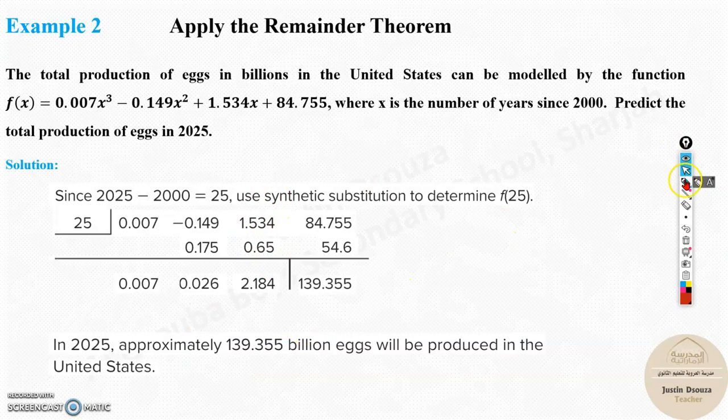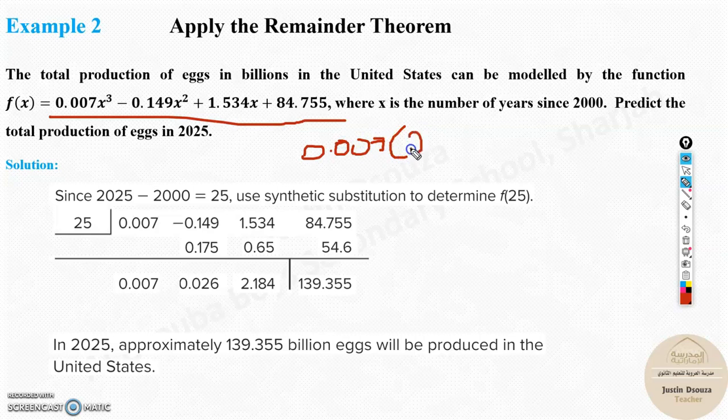Or if you just apply 25 over here, I would ask you all to try this. Try applying 25 over here. Instead of x, it'll be 0.007 times 25 the whole cube. In the same way, wherever x is there, put 25, and then check the answer. It must be the same. We will do it now.